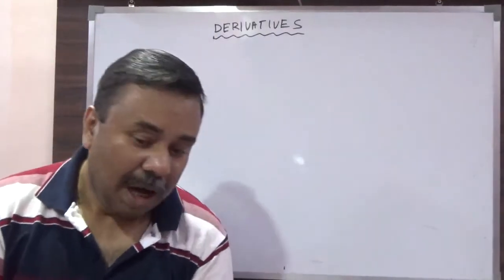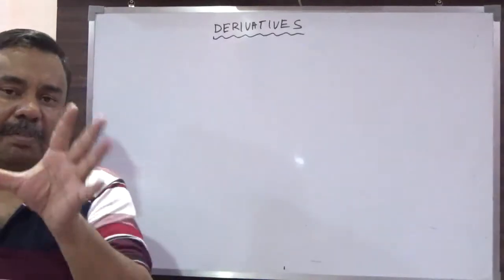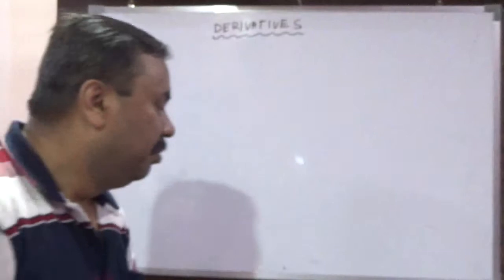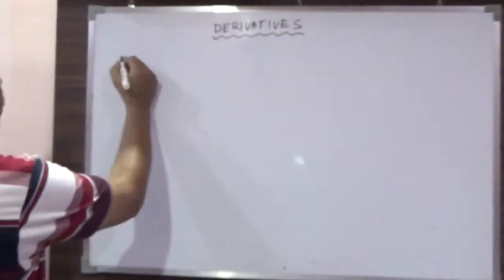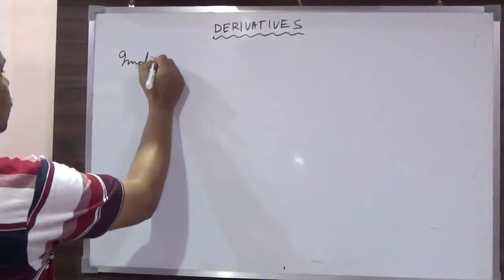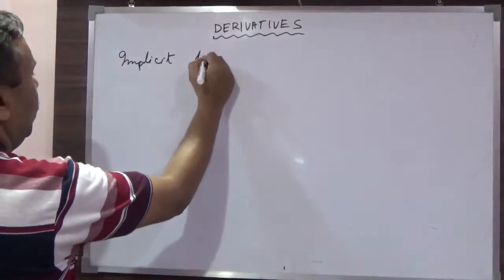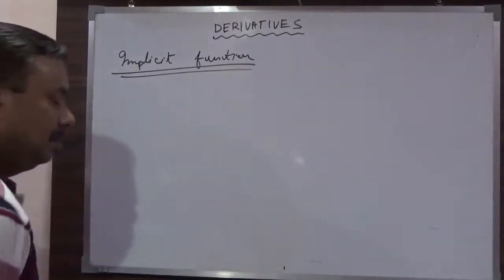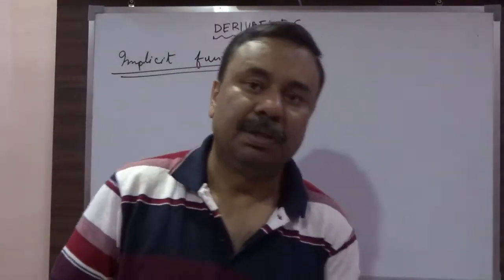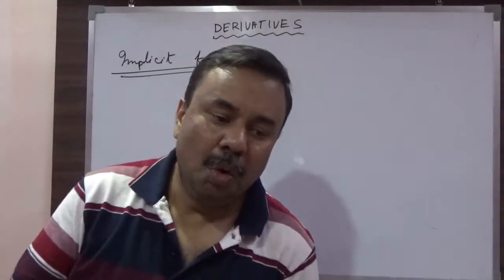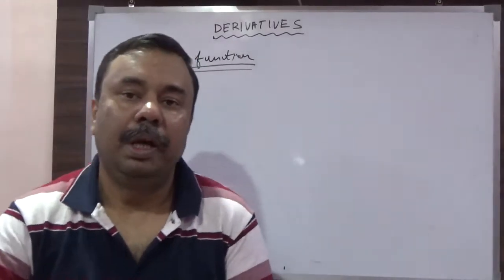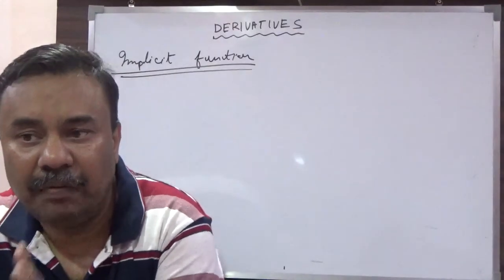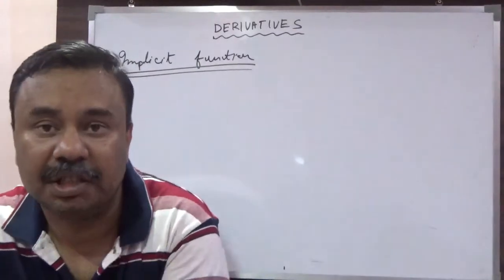Before I go, I would like to give you one more type of function, that is called an implicit function. Now, I don't know whether you have understood this or not. This is an implicit function. See, what happens if you are able to express y separately as a function of x?